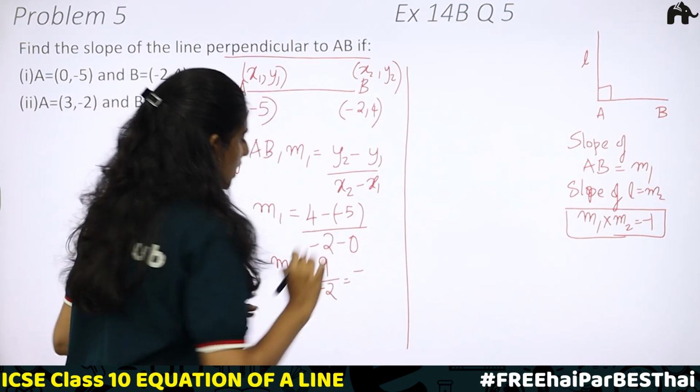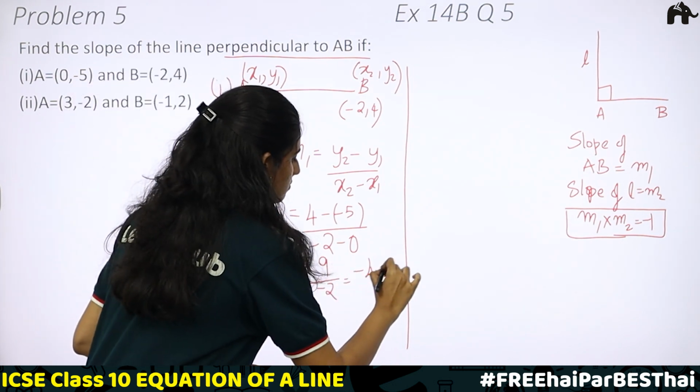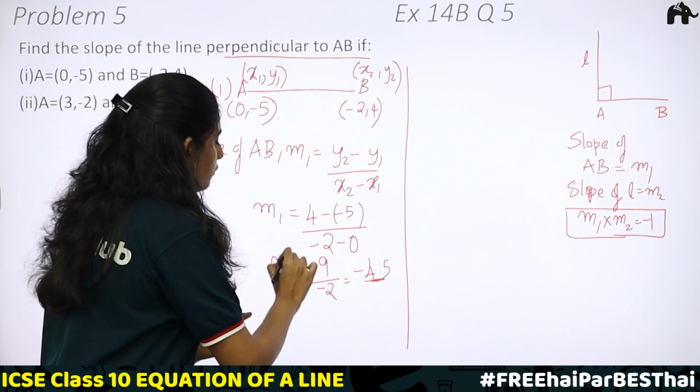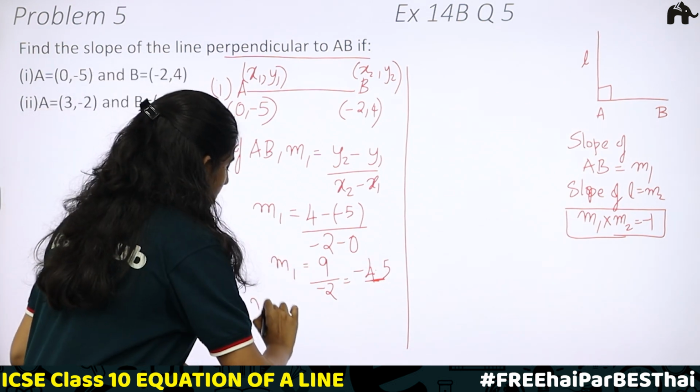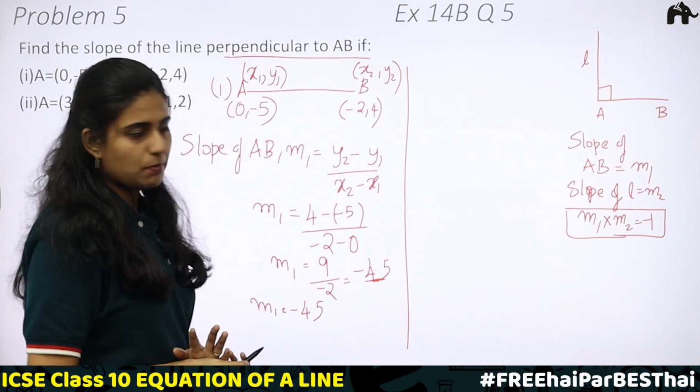Taking the negative to the numerator, 9 by 2. What is 9 by 2? 9 by 2 is 4.5. Therefore, the slope of line AB, m1, is equal to minus 4.5 or minus 9 by 2.